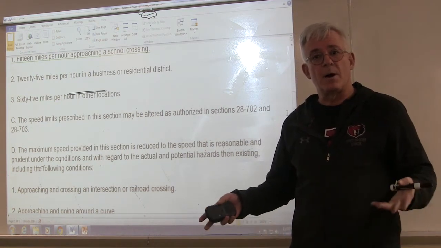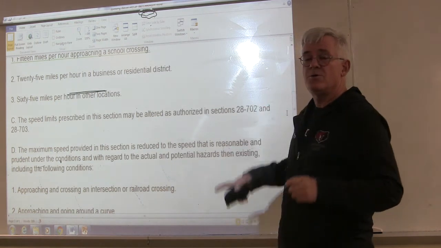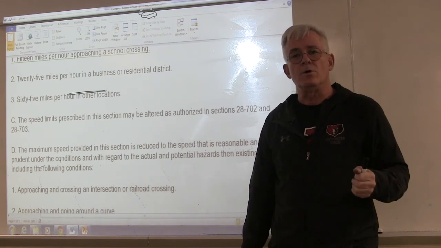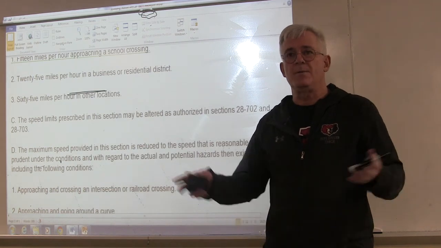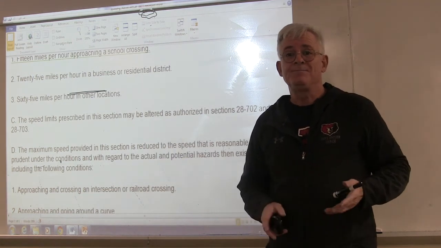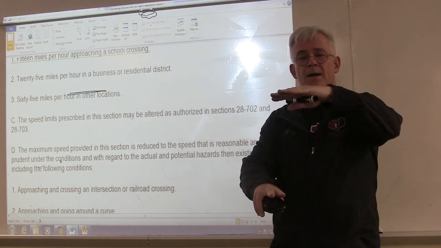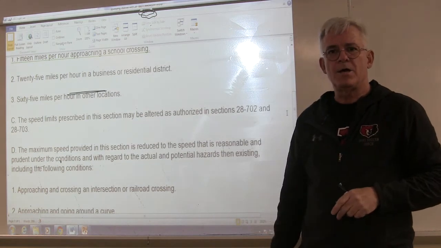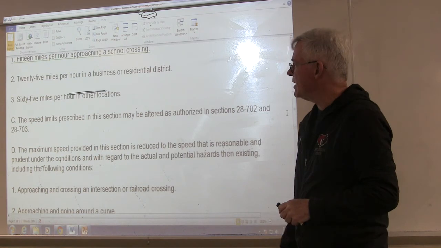That's the executive branch. They are given authority by the legislature to set speed limits as long as they follow certain rules. Could the Arizona State Legislature pass a law on the speed limits of every single road in Arizona? Yes, but the law would be like this big, right? And it would be out of date every month when they redesigned or widened or changed roadways or built new roadways. All right? Make sense?